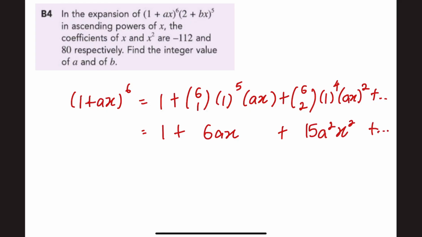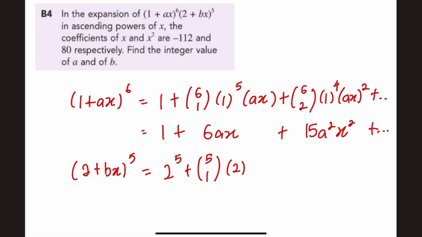Okay, likewise for the other one, 2 plus bx, the whole thing power 5. This is simply equals to 2 power 5 plus 5 choose 1 times 2 power 4 times bx plus 5 choose 2, 2 power 3 times bx, the whole thing square plus dot dot dot.